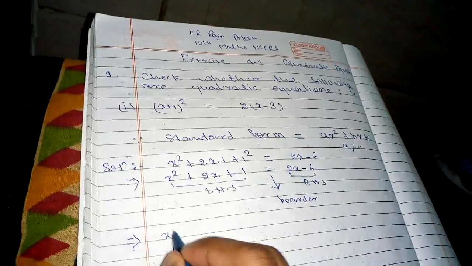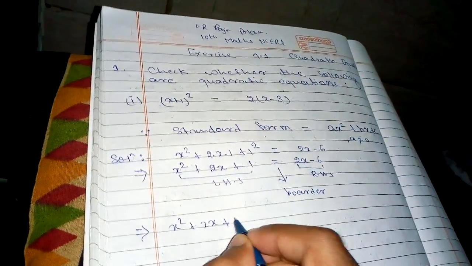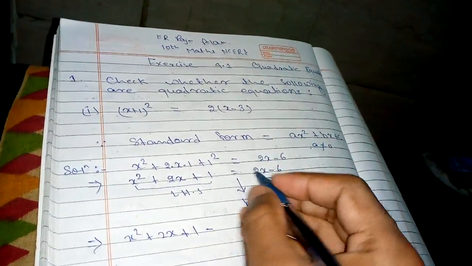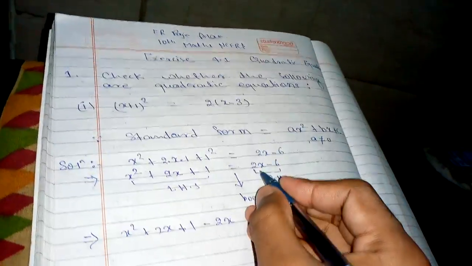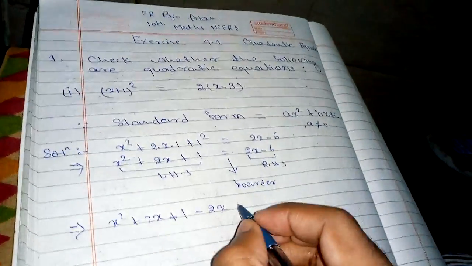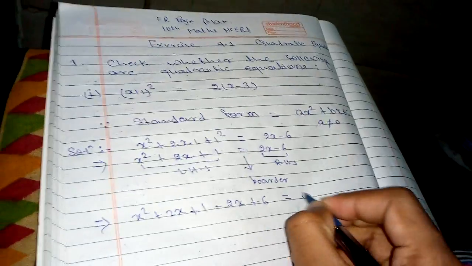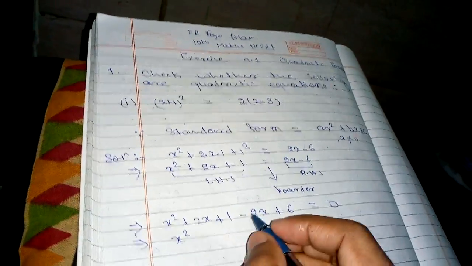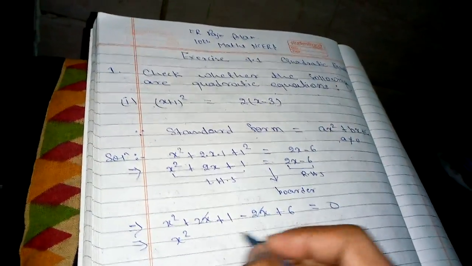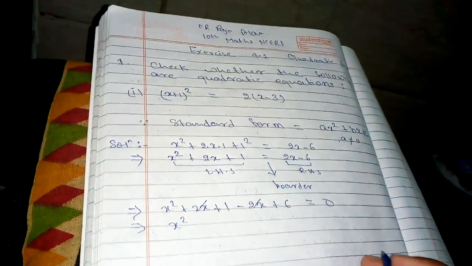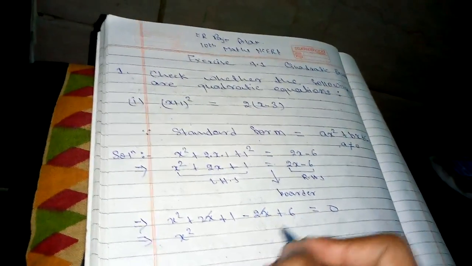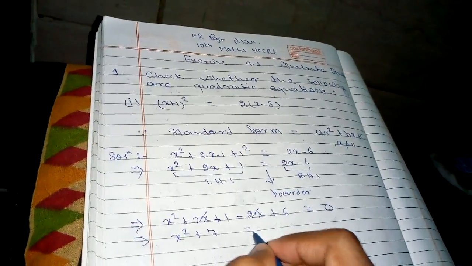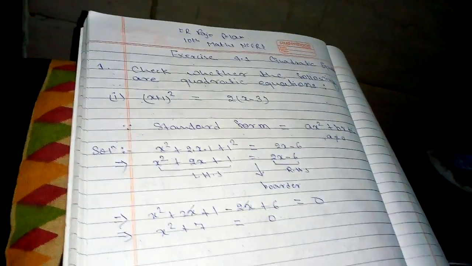Now x square plus 2x plus 1 has no change on the left hand side, and on the right hand side 2x will become minus 2x when it crosses the border line, and minus 6 will become plus 6. Solve simply: x square is the same, 2x and minus 2x cancel out, and plus 1 and plus 6 make plus 7, because the constants are added together.